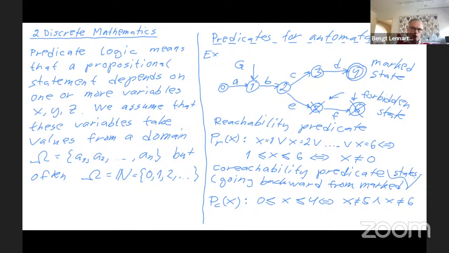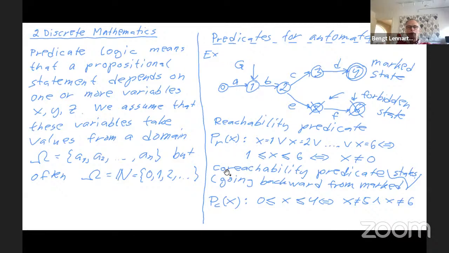And also, of course, this is a way for me to illustrate how you can apply predicates on automata, because the focus of my text or my applications here are automata, and instead of talking about fruits, apples and oranges, etc., to make illustrations of predicates, I use the states of automata instead.